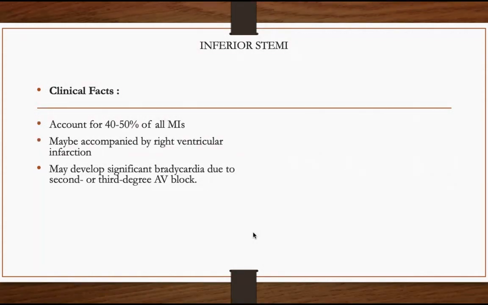And these patients may develop severe hypotension when we give them nitrate, and this usually may worsen our prognosis. And so we advise that nitrate should not be given, or it should be delayed in patients who are having a systolic blood pressure less than 90 millimeters of mercury. Also, most patients with inferior STEMI will develop significant bradycardia.